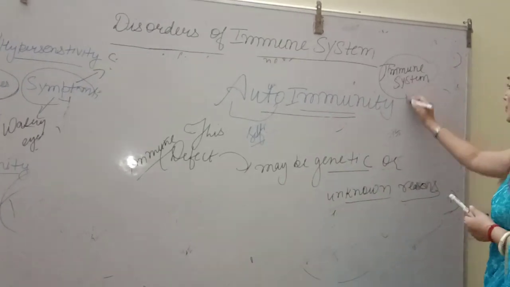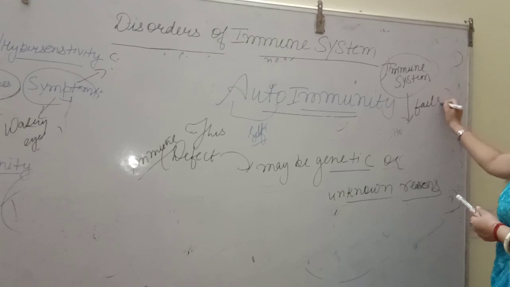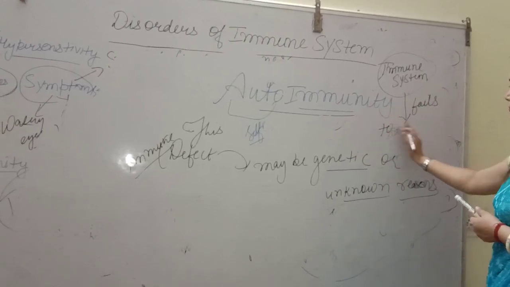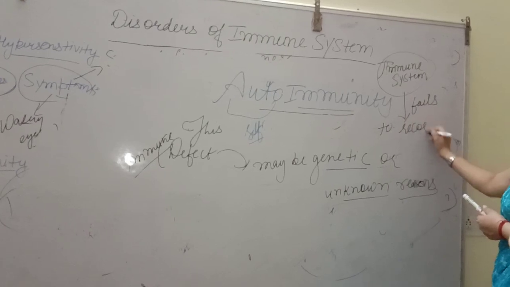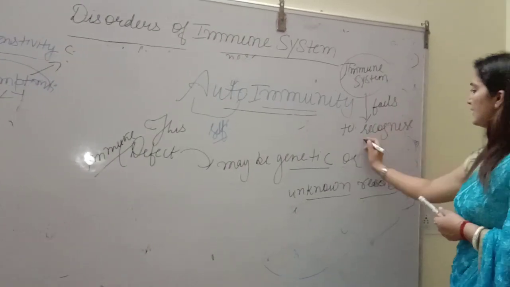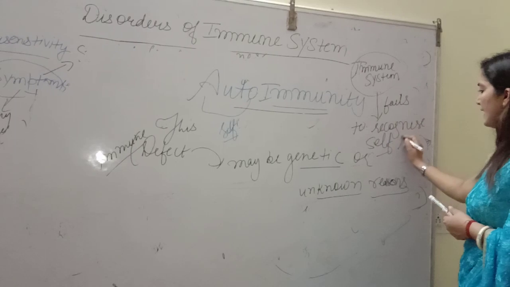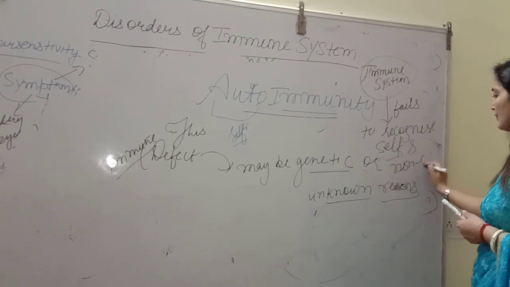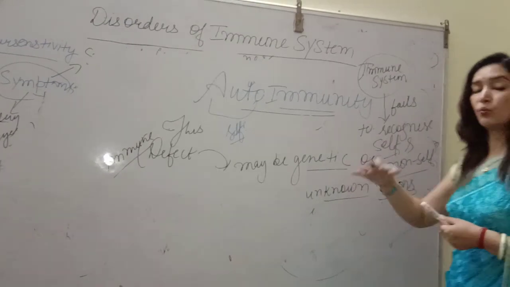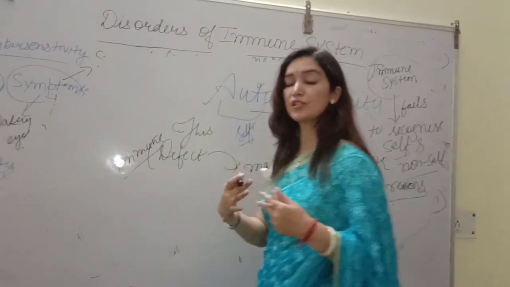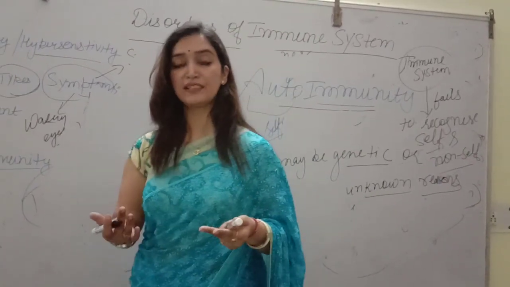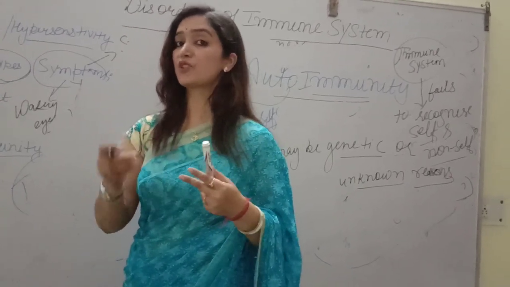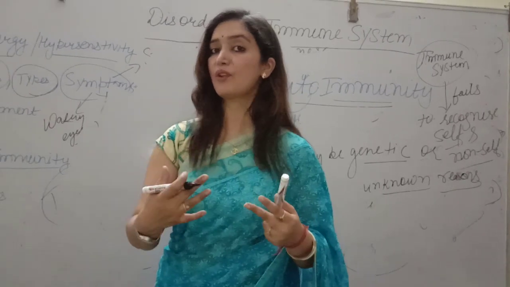So in autoimmunity, the immune system fails to recognize self and non-self. But what happens if our immune system starts working against our own RBC, or our own liver? It will specifically damage our own RBC and liver.